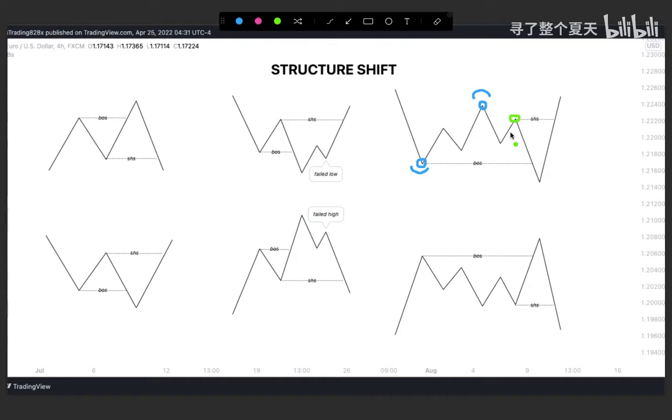So in order to get a shift, you want to see the internal high getting taken out. And then again, the condition is that it should create a boss each and every time. So this is a break of market structure in terms of swing structure. This is a break of market structure in terms of internal structure. Does it make sense though?